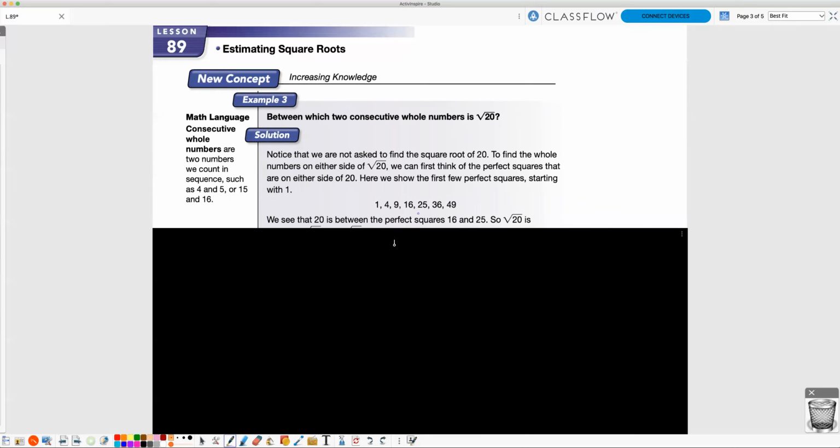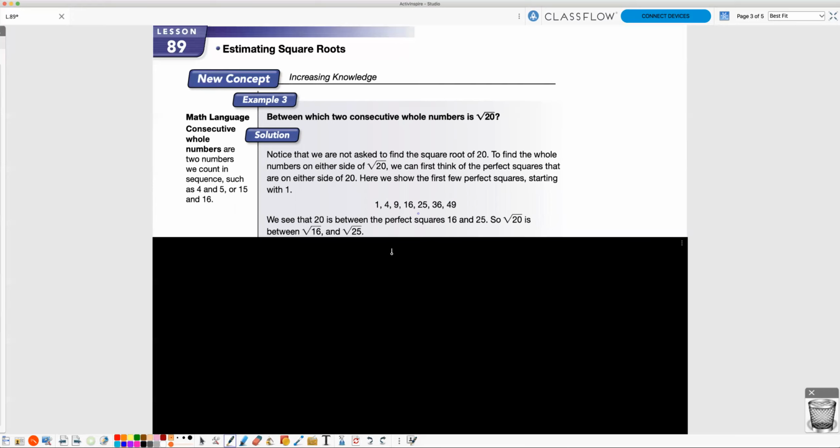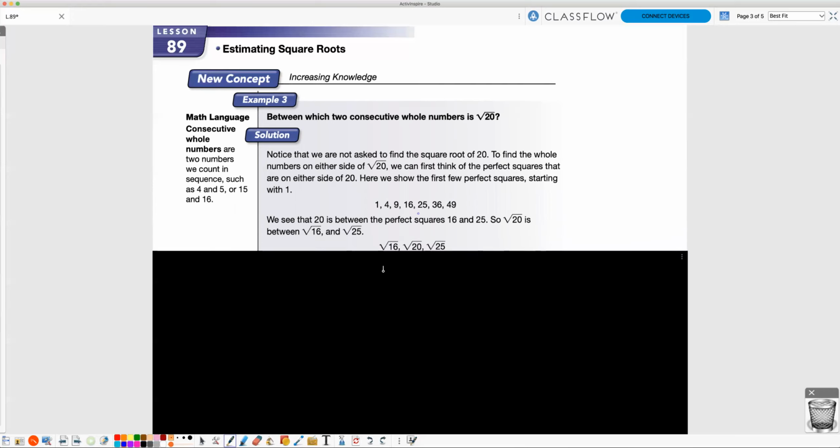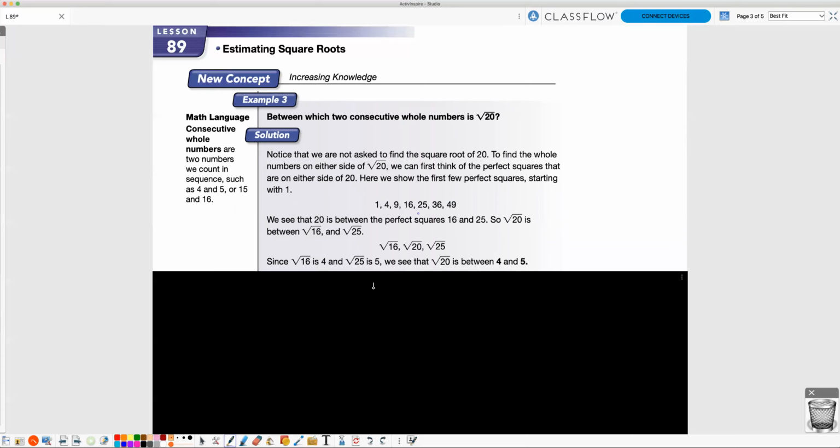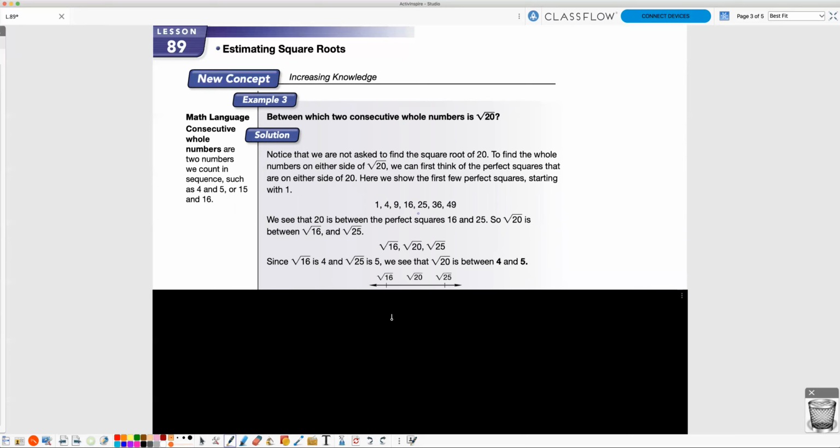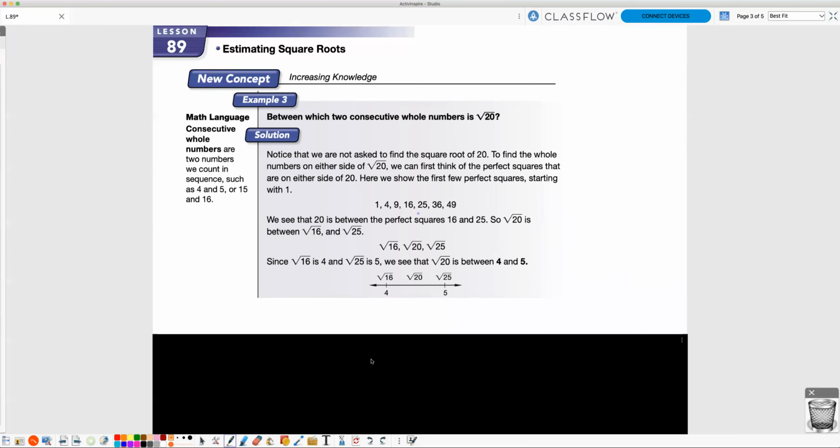We see that 20 is between the perfect squares 16 and 25, so the square root of 20 is between the square root of 16 and the square root of 25. Since the square root of 16 is 4 and the square root of 25 is 5, the square root of 20 is between the numbers 4 and 5. So you can see those would be the two consecutive whole numbers.